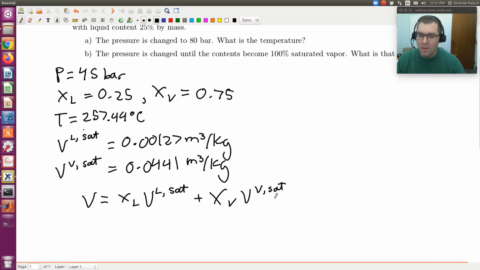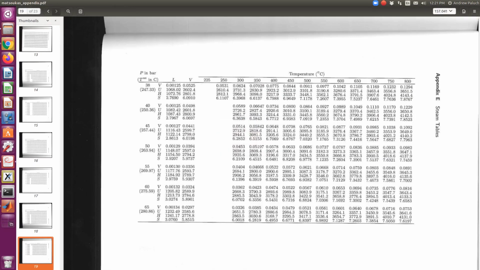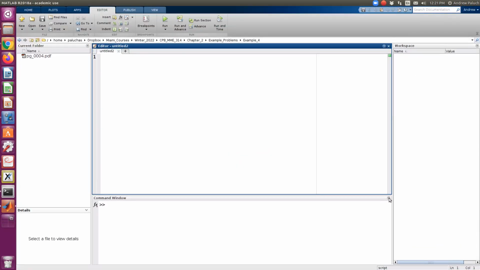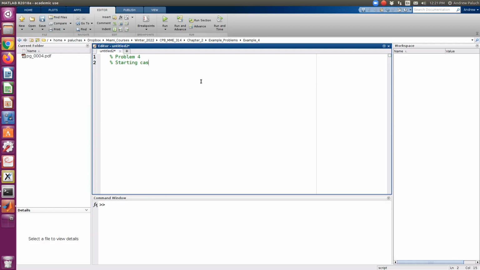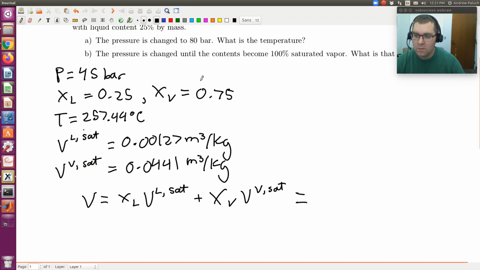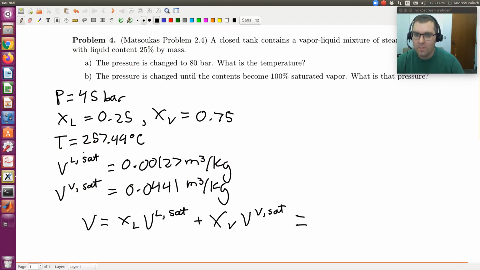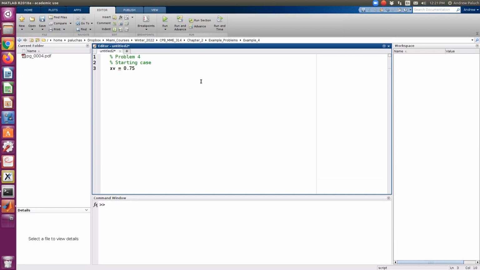Got it. Okay, so let's go ahead and calculate the volume then. This is problem 4, our starting case. XV was 0.75, XL is 0.25.